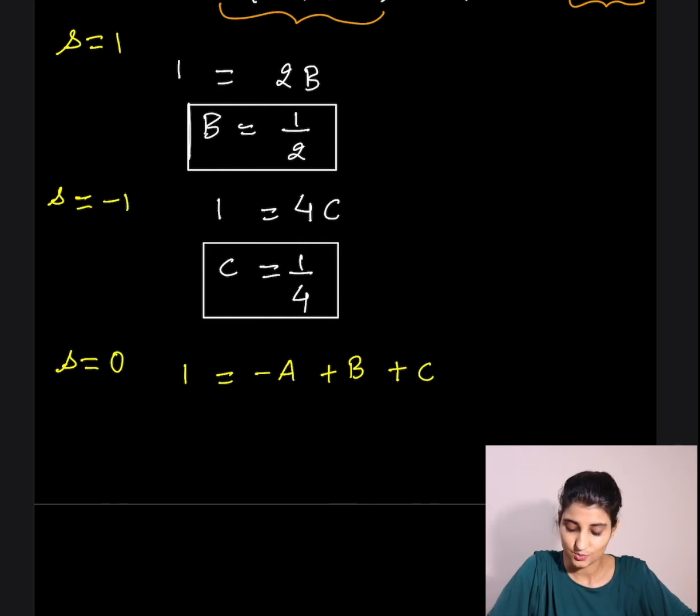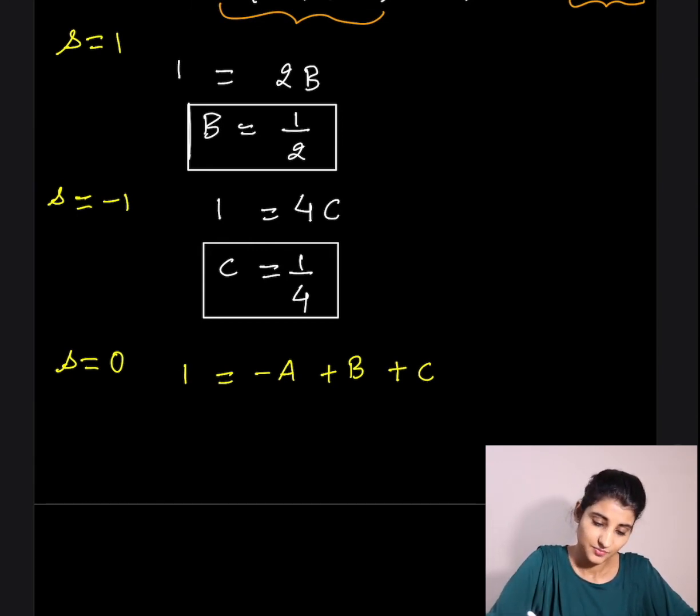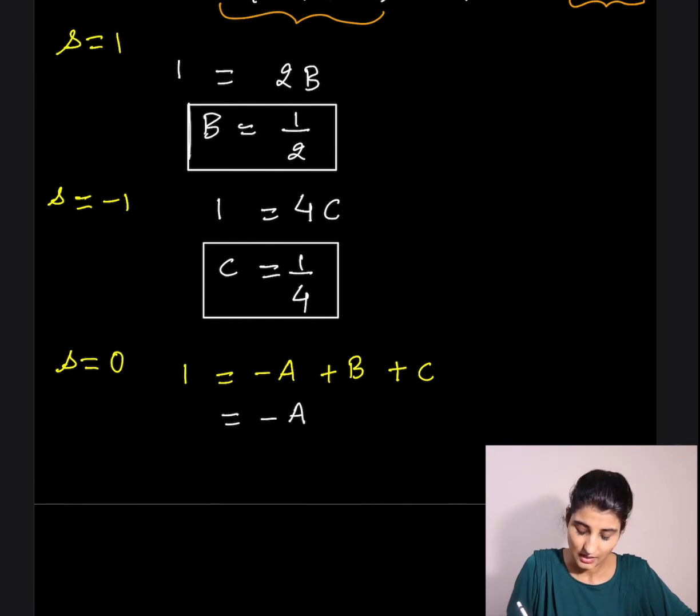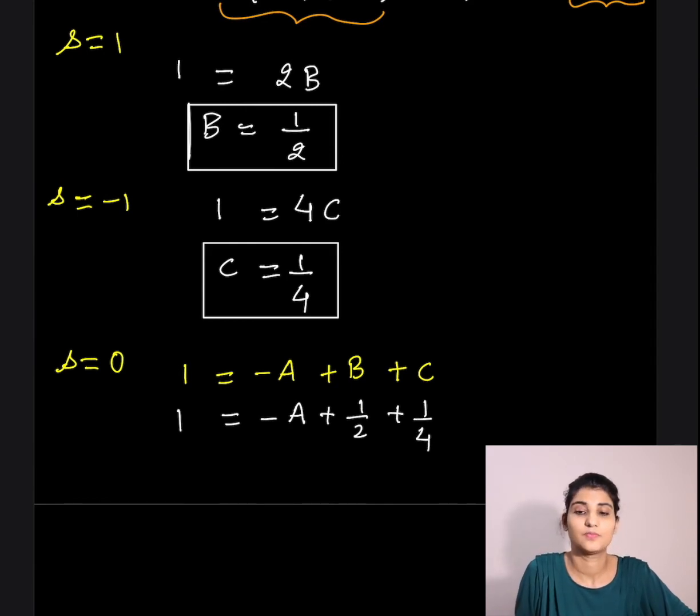Minus A plus B plus C equal to 1. We know the values of B and C. So we have minus A plus 1/2 plus 1/4 equal to 1. Right? Now you can go ahead and evaluate this.